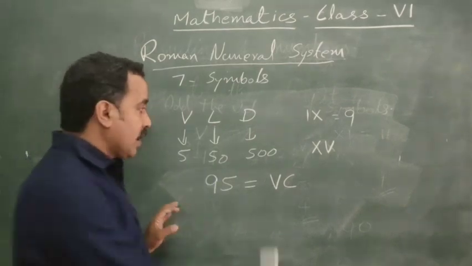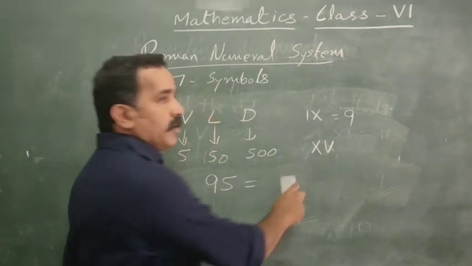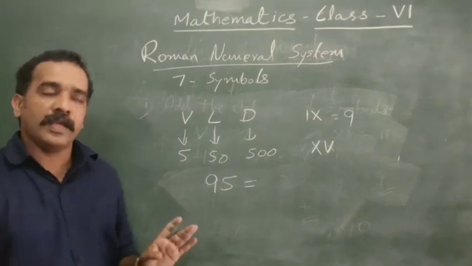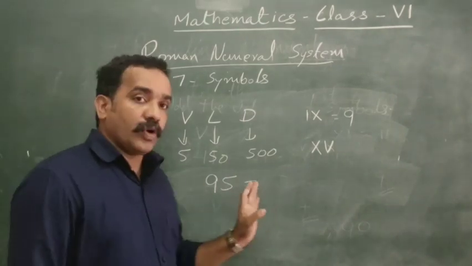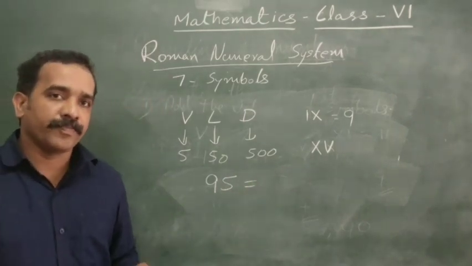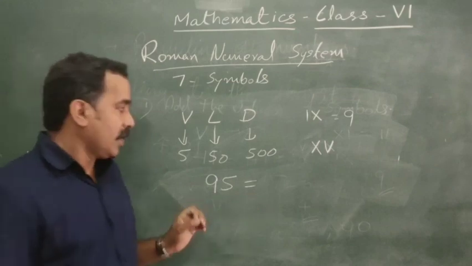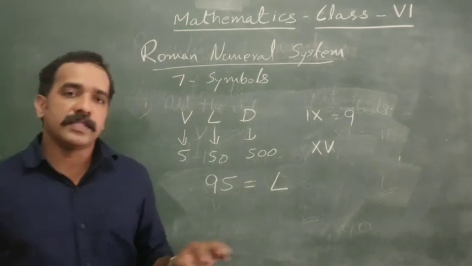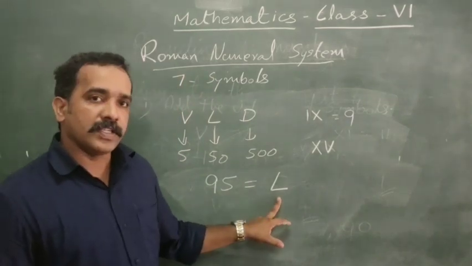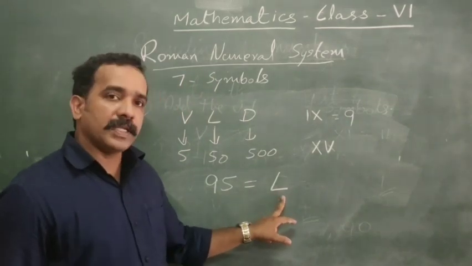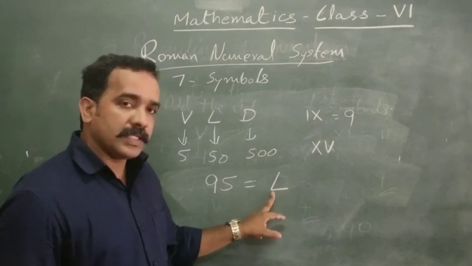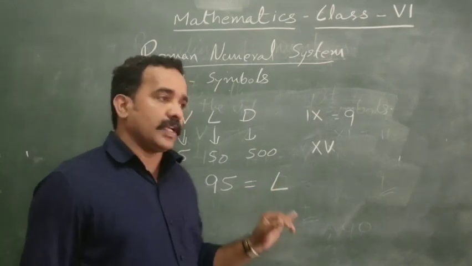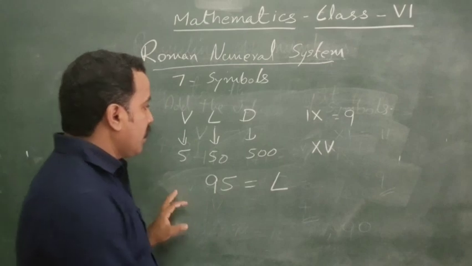You have to write 90 and then 5. You know how we can write 90? How can we write 90? We know that this is L. L means 50. Are you able to write 90 like this?